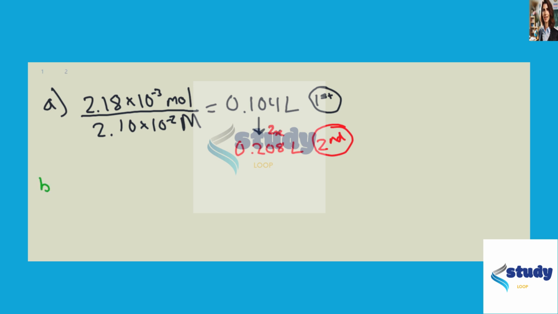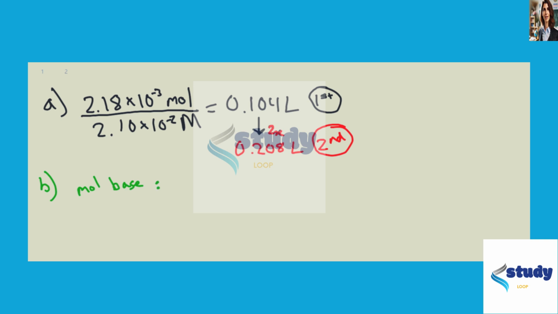Now, if we look at part B, it's asking us: the pH after adding 25 milliliters of the base is 3.82. We need to find the value of Ka1. So what we need to do is calculate the moles of base that is in 25 milliliters of that concentration.